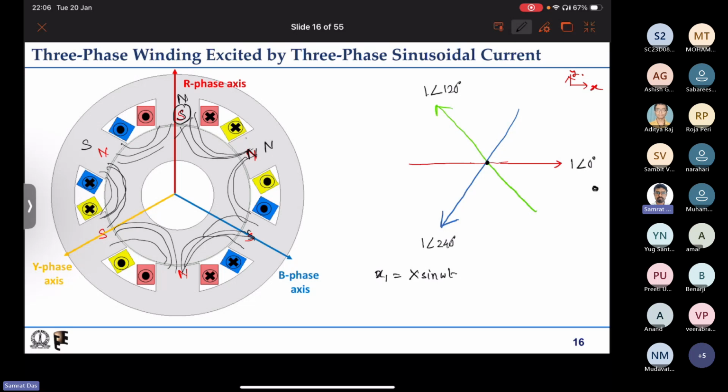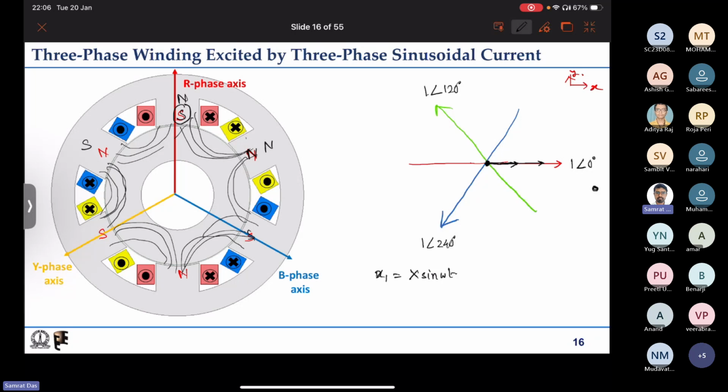Now as we go to omega t equal to 30 degree, it will be capital X by 2 here, right? Then at omega t equal to 90 degree, it will become capital X, like this. Now as we go ahead in time, at omega t equal to 150 degree, it will again come to half of that. At omega t equal to 180 degree, it will come back to the origin.